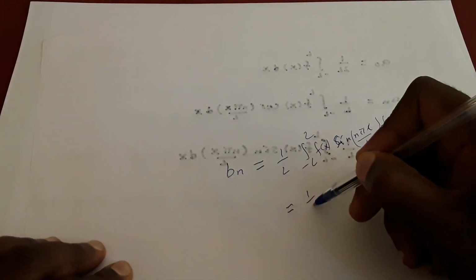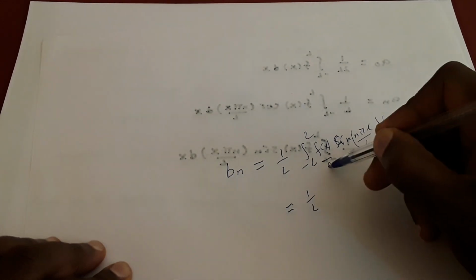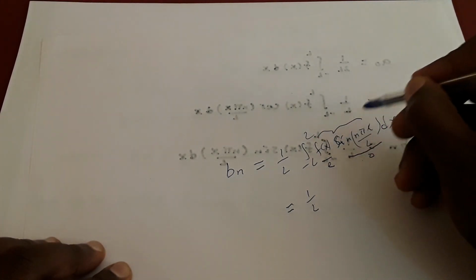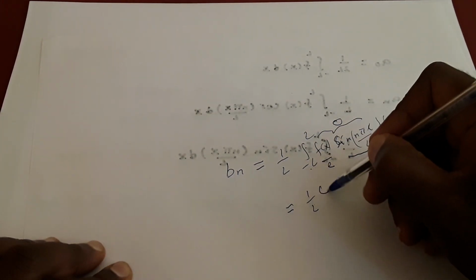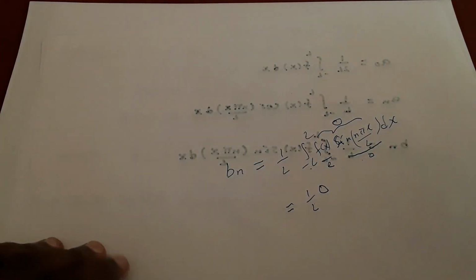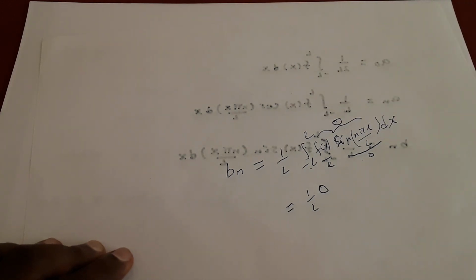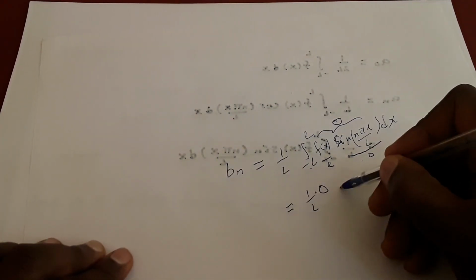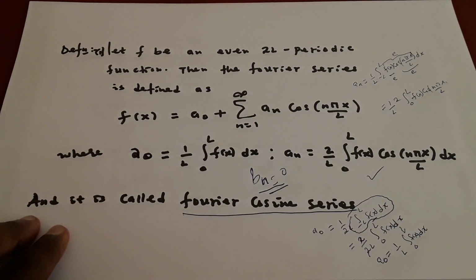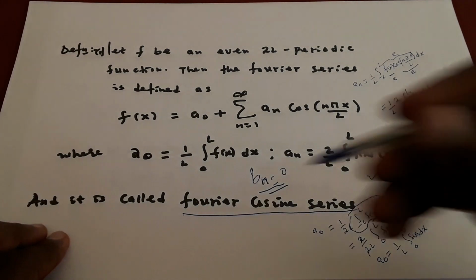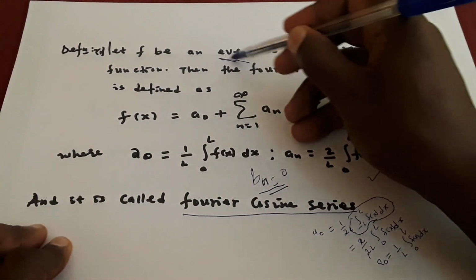The function f is even, and sine is naturally odd. Even times odd, from the previous rules, is odd. So the integral from minus L to L of an odd function is 0. That's why 1 over L times 0 is 0. So b n is 0, and there is no need to find it. Simply set b n equal to 0 after you identify the function as even.